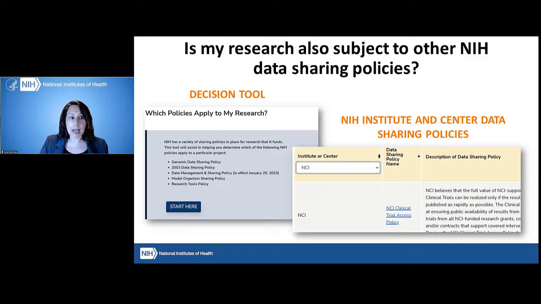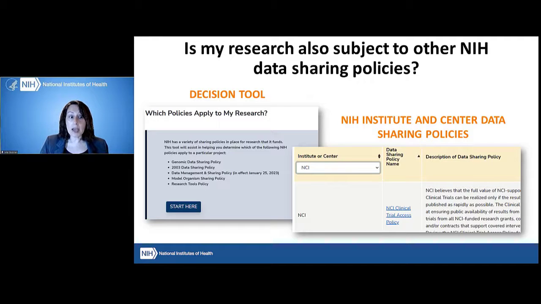The DMS policy establishes the foundation for NIH's data management and sharing expectations, which NIH institutes, centers, and offices and programs may choose to add to in order to meet their programmatic needs. For instance, designating repositories for data deposition or specifying particular data collection standards. Additionally, individual funding opportunity announcements may also include expectations related to data sharing.